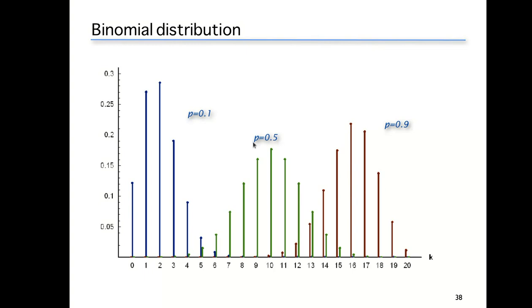Getting 11 or 12 times is possible, of course, but with lower and lower probabilities. The same holds for p equal to 0.9 or p equal to 0.1.